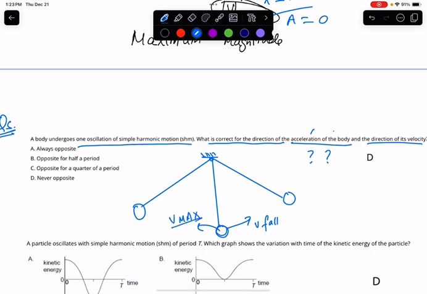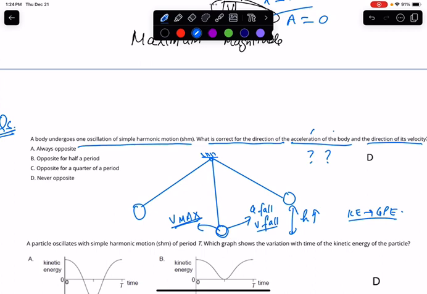The velocity is maximum at the equilibrium, but as the pendulum goes to the right, the velocity falls. The reason is because the height is increasing, so the kinetic energy is getting converted to gravitational potential energy.